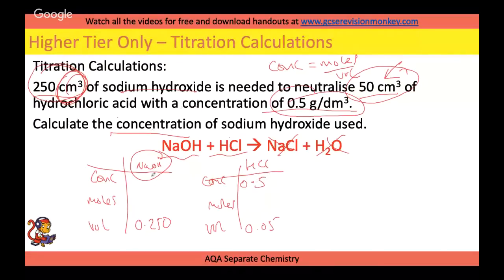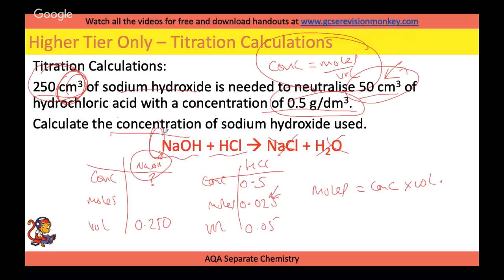Now we need to calculate the concentration, so I always put a question mark over the one I need to calculate, of sodium hydroxide. So using the equation, concentration equals moles over volume, if we rearrange that, we can calculate the moles. Moles equals concentration times volume, and put that one in. So multiply those two together and we get 0.025.